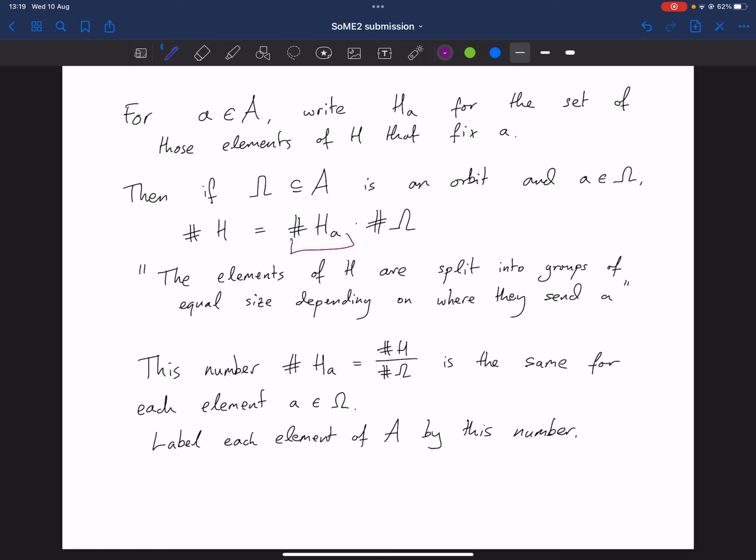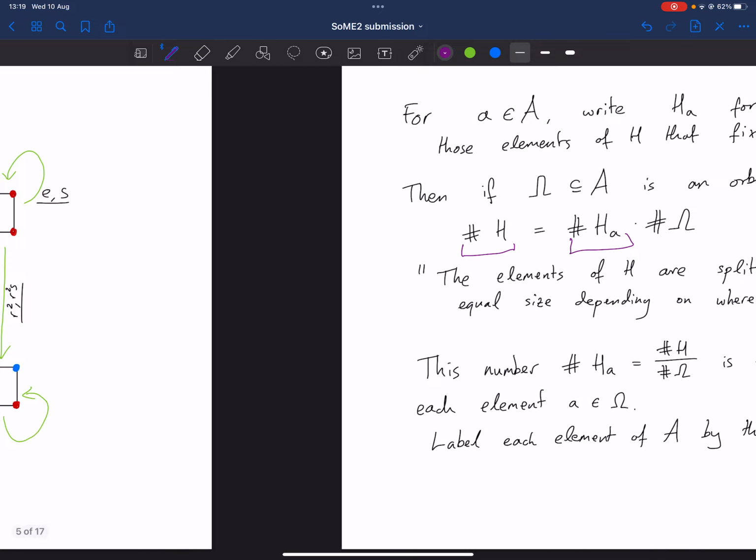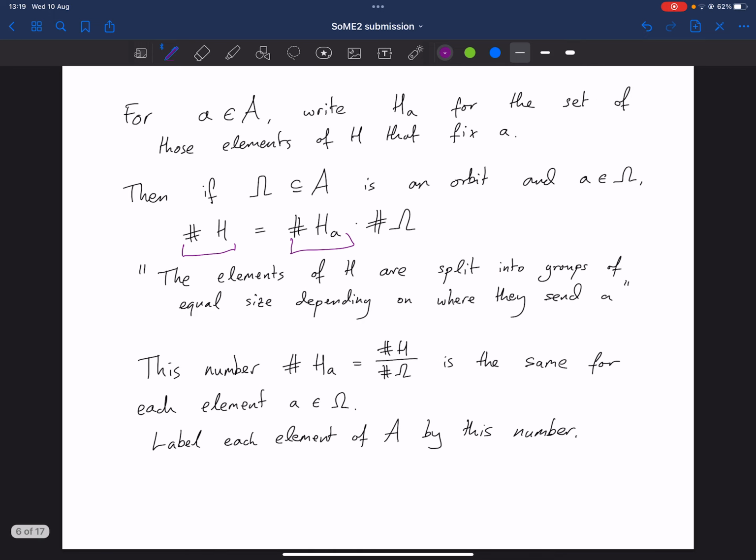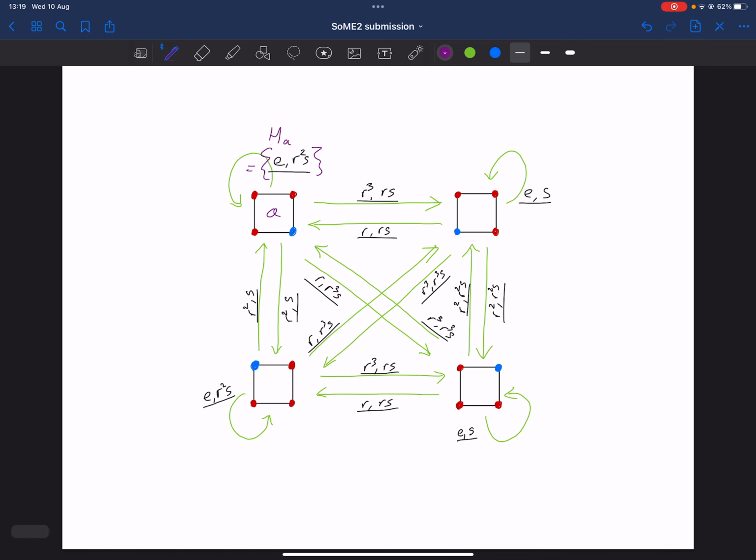And this means that the size of our subgroup H is going to be the number of its elements that fix A multiplied by the size of our orbit. So that's the number of these colourings where it is possible for A to be mapped to.